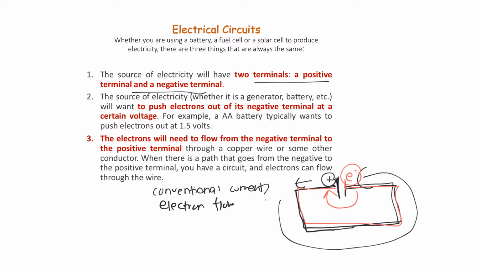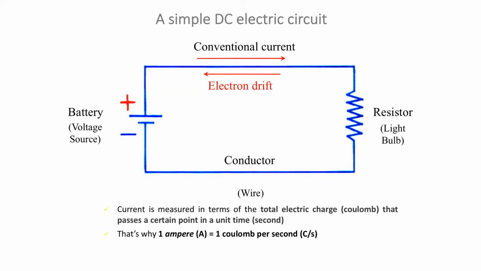Okay, so here I already showed you a proper diagram of the conventional current flow and also the electron flow. Basically the wire is going to consist of a conductor.